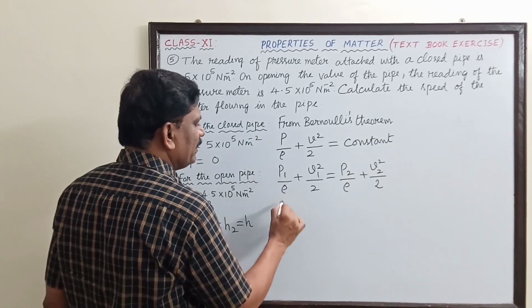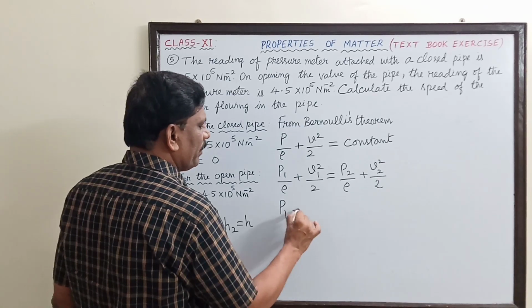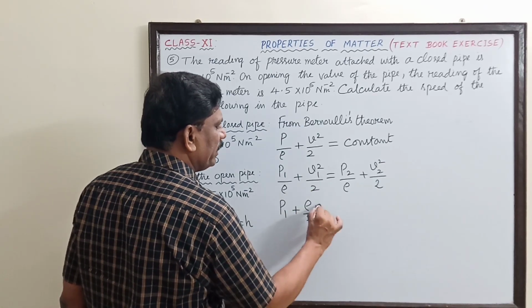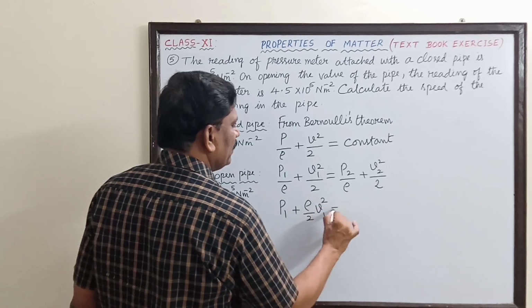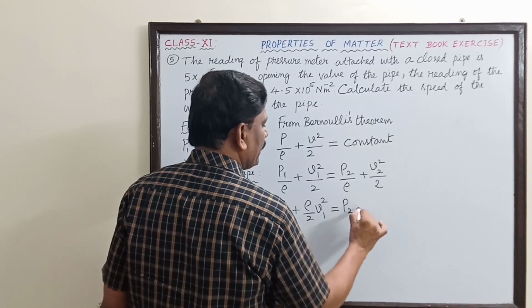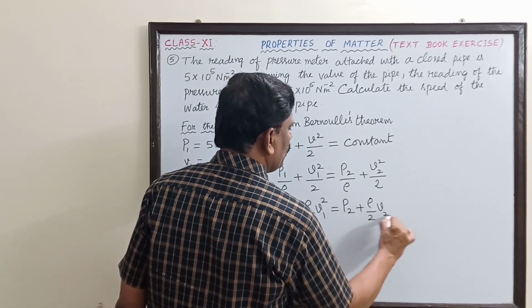So when I multiply the first term by rho, it becomes P1, plus the second term becomes rho by 2 into V1 square. So this is equal to P2 plus rho by 2 into V2 square.